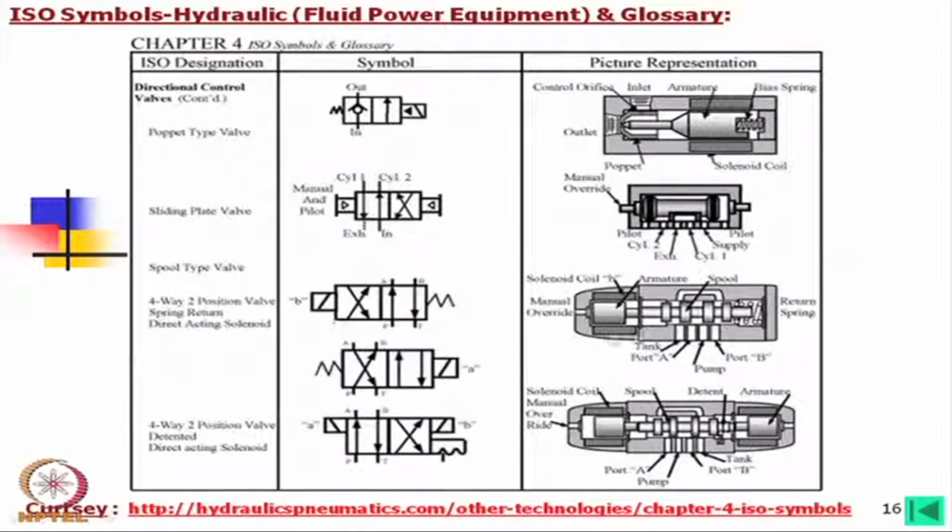This detail I have explained once, so I am not going into the detail of that. If you study, you can understand how the oil is coming in, how the oil is going back, and then again this is operated by an armature. So, this symbol means there is some armature, some electric operation.